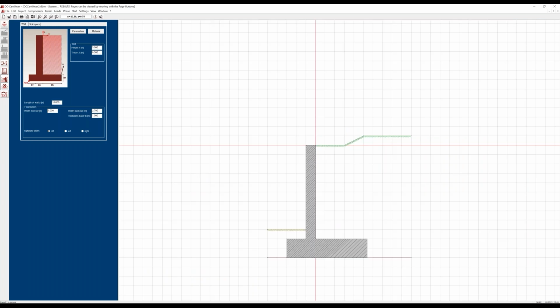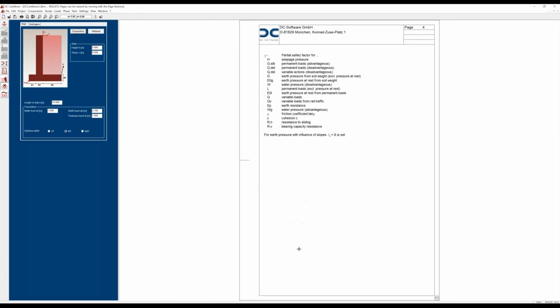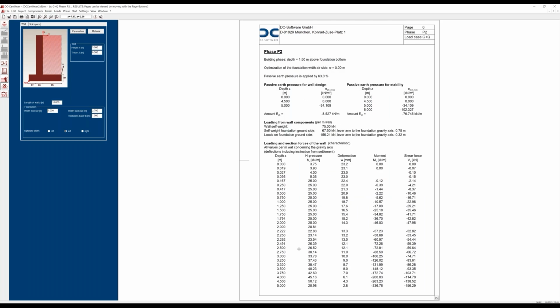So for example, I'm going back to the input and tell the program to make an optimization of the left side. So we look at the left side of the footing here, what is needed for all these verifications. And if I go down to the construction phase, we don't need any width at the left side. Passive earth pressure is activated with 63%.